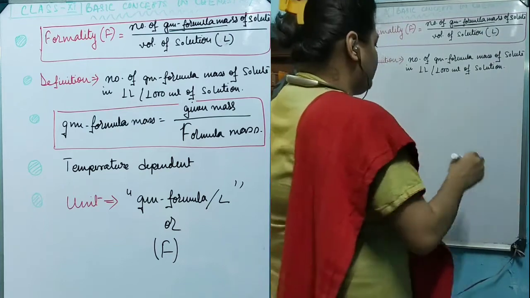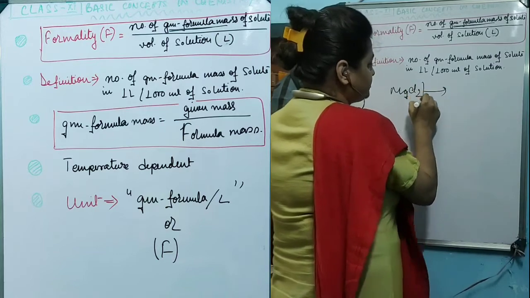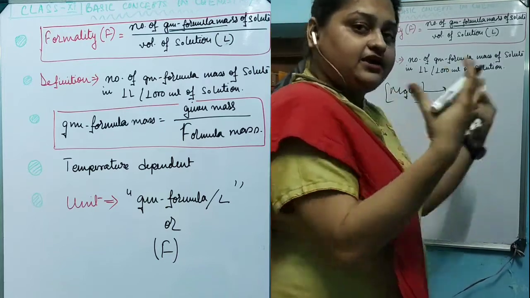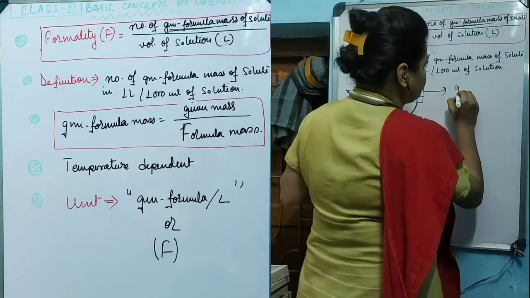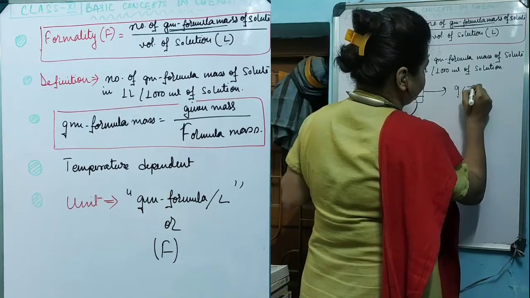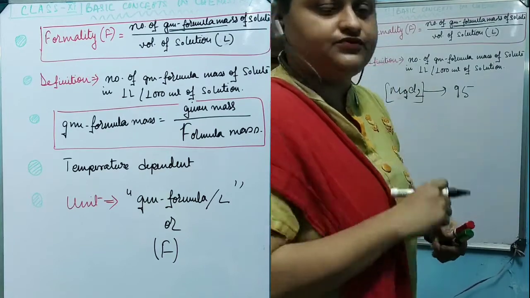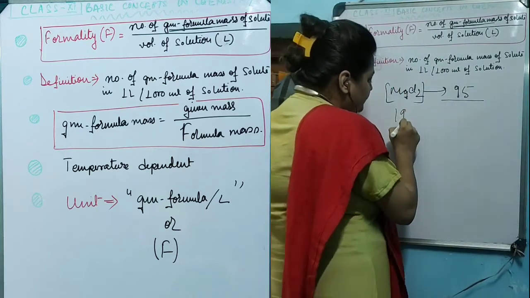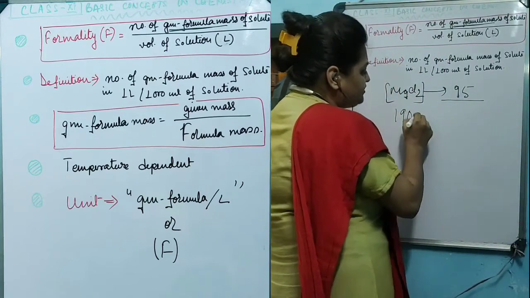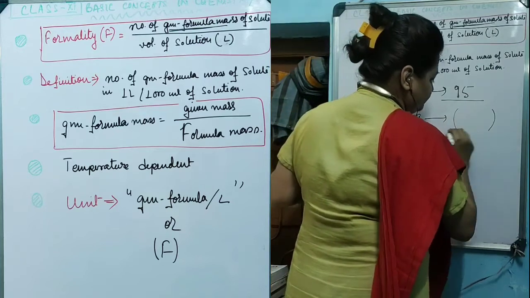Now, what do you mean by this gram formula mass? Let's take an example of magnesium chloride. Magnesium chloride crystals stay as an aggregate of magnesium chloride molecules. The formula mass, not molecular mass, for magnesium chloride is 95. Suppose you have taken 190 gram of magnesium chloride and formed a solution.